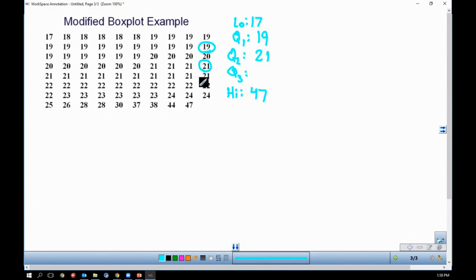And then for the upper end, we want to look again at the 20th data point of the upper half of the data, which is 22. So the way they laid this data out for us was really nice. They put everything on the ends. What's the Q3? 22, yes.